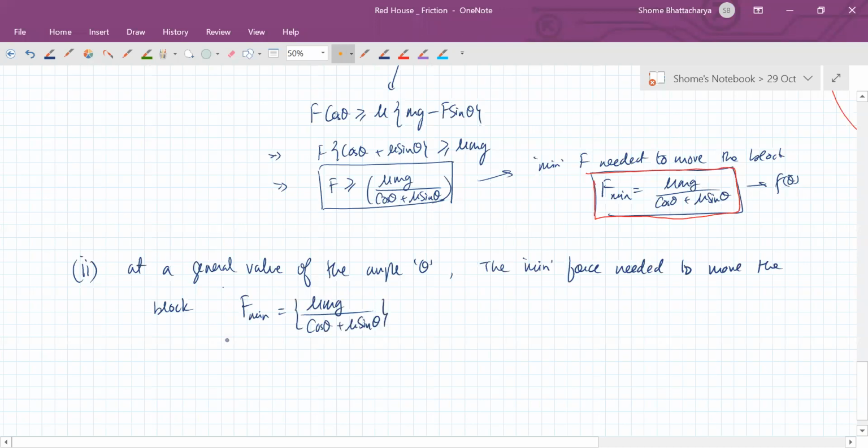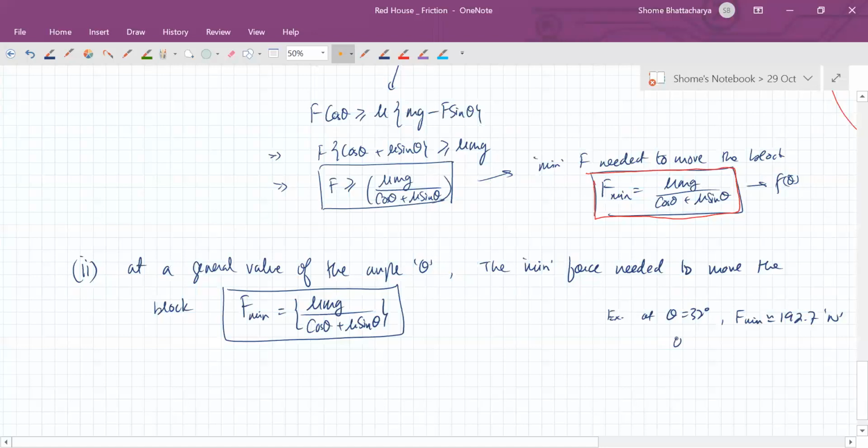Okay. And we already saw examples of this. For example, at theta equal to 37 degrees, we saw the minimum force required is about 192.7 newtons. Okay. At theta equal to 45 degrees, the minimum force required was about 200 newtons. So now this has to be minimized.